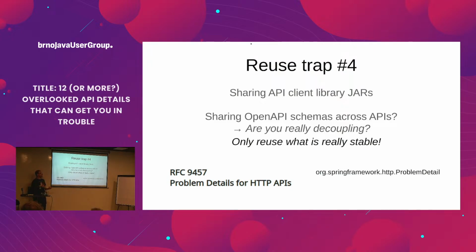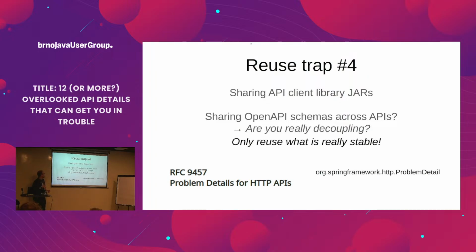And of course, there can be even clients that use a completely different language. So what you should be doing really is to share your OpenAPI document. That's what it is meant for, and your client should have the freedom to implement the invocation as it suits them.